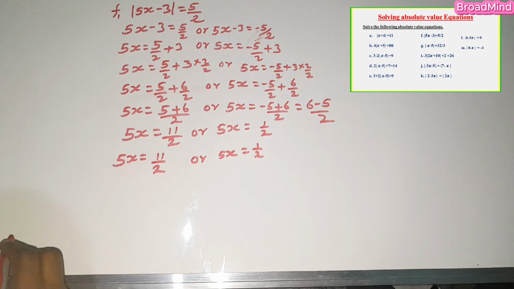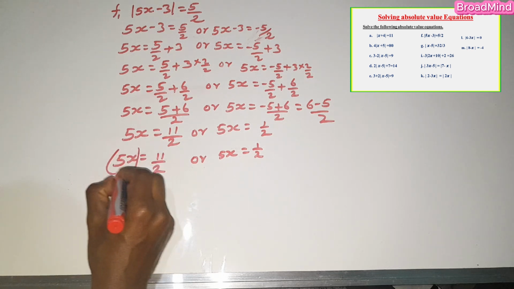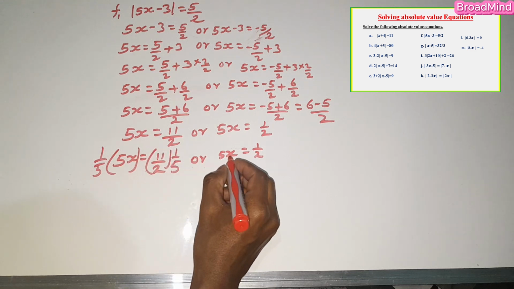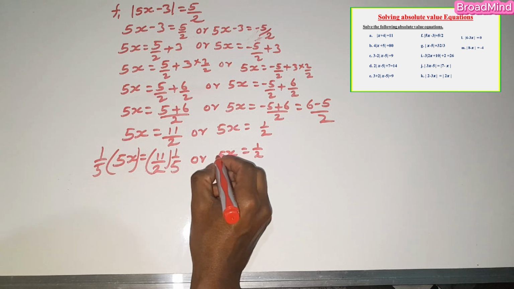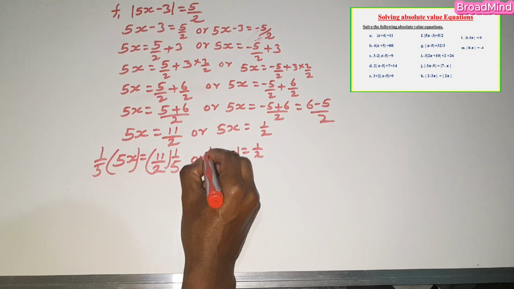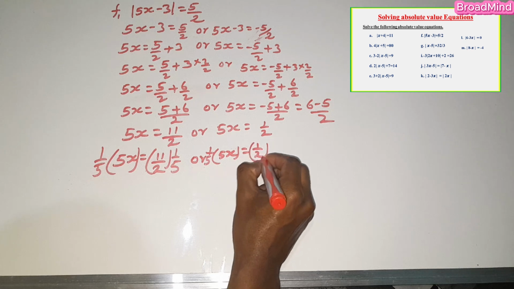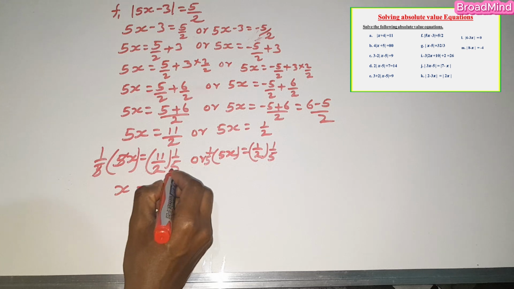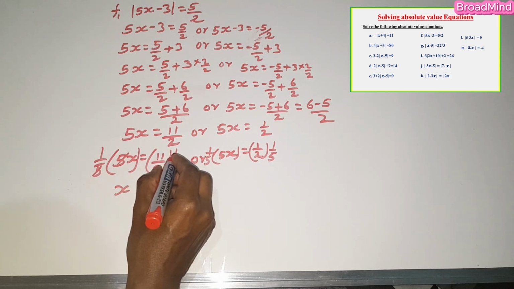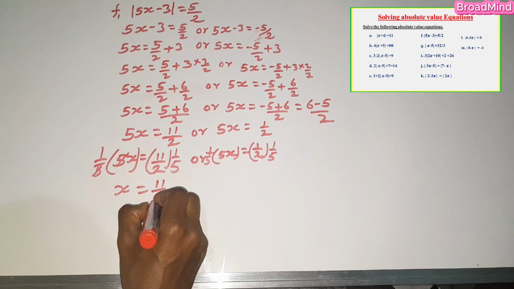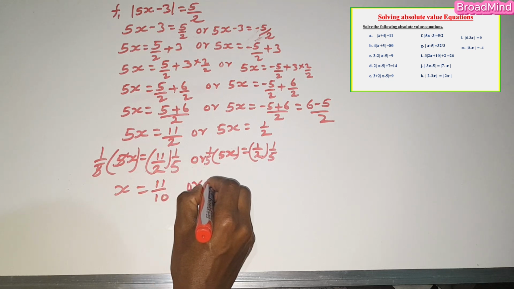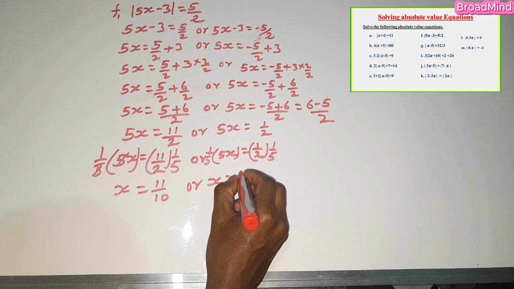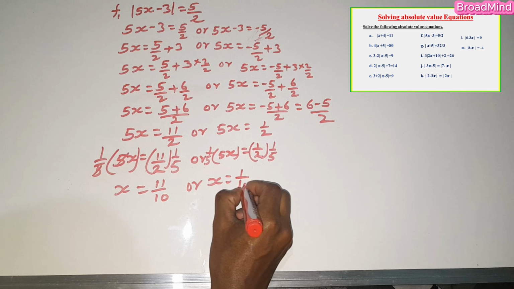Now multiply both sides by 1 over 5. The same procedure we use here. 5 by 5, x is equal to 11 multiplied by 1, that is 11 over 10, or x is equal to 1 multiplied by 1, 1, 2 multiplied by 5, 10.